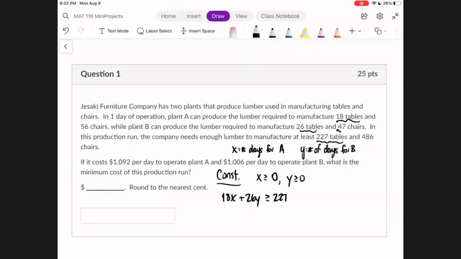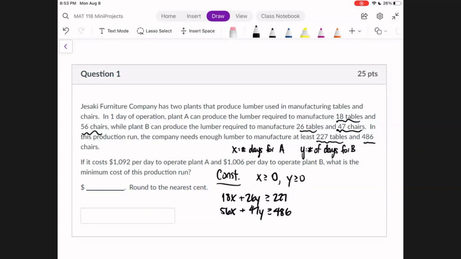And let's do one for the chairs now. So 56X plus 47Y is greater than or equal to 486.